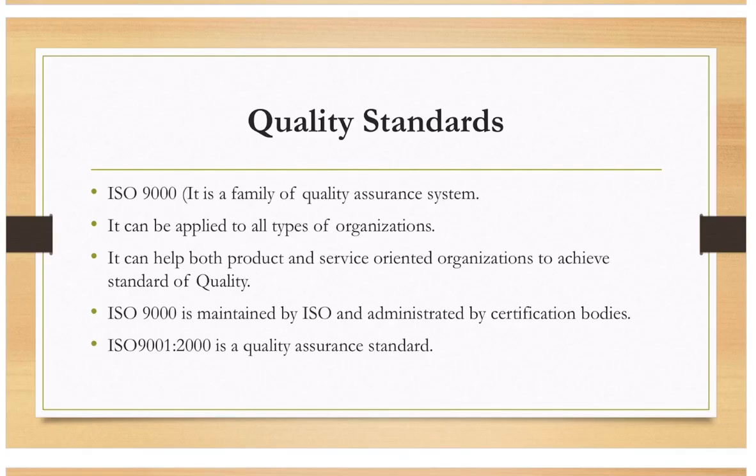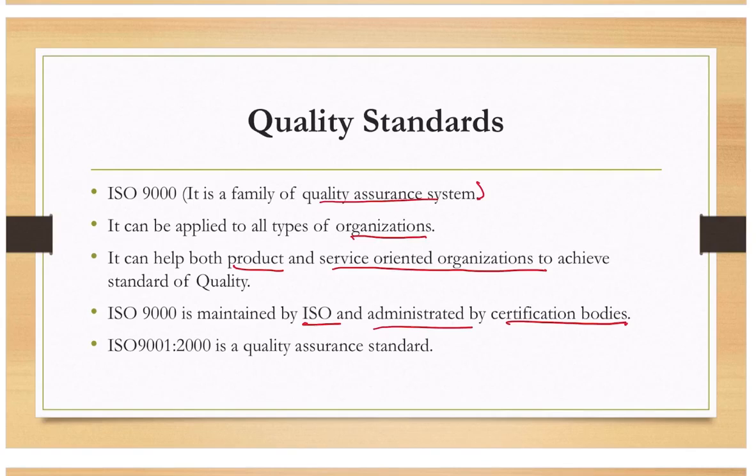It is a family of quality assurance systems. It can be applied to all types of organizations, and it can help both product and service oriented organizations to achieve a standard of quality. ISO 9000 is maintained by ISO and administered by certification bodies.